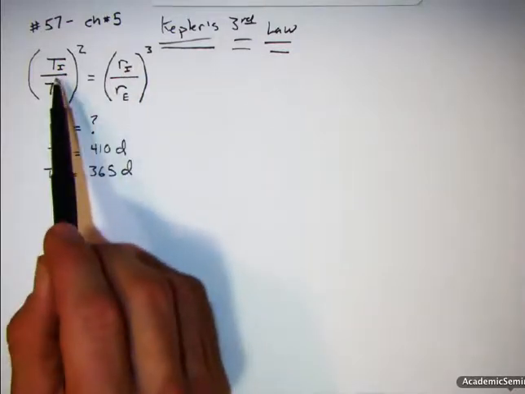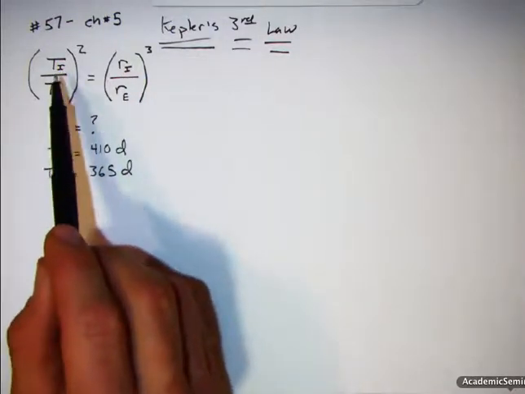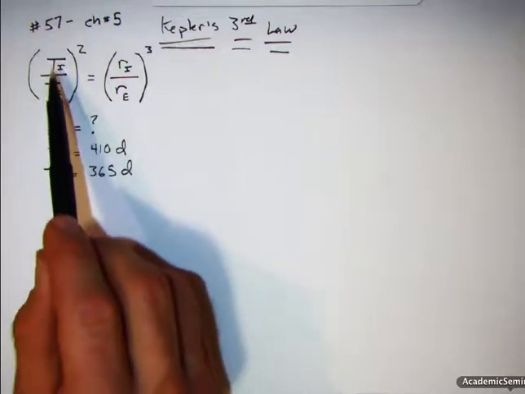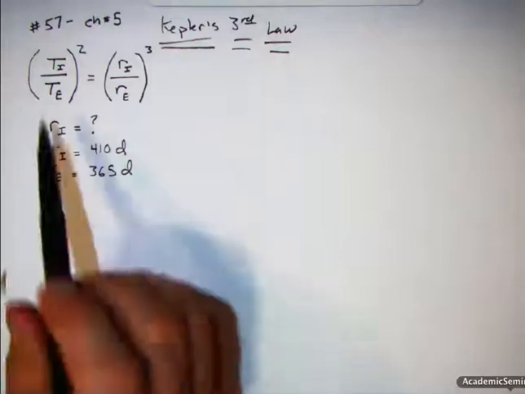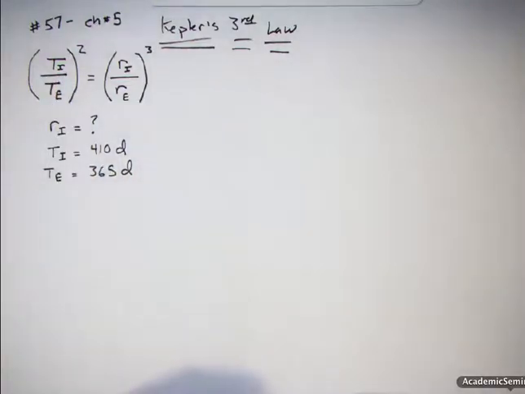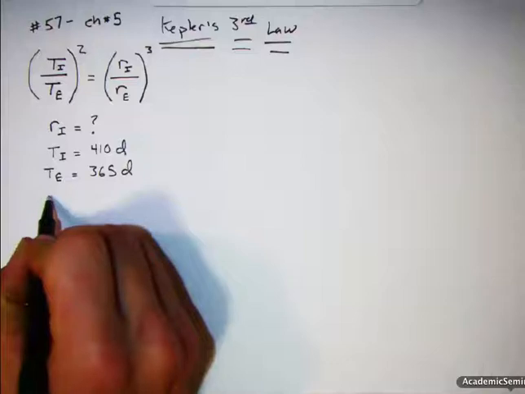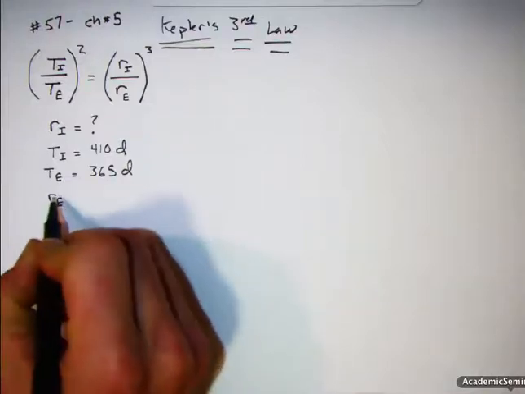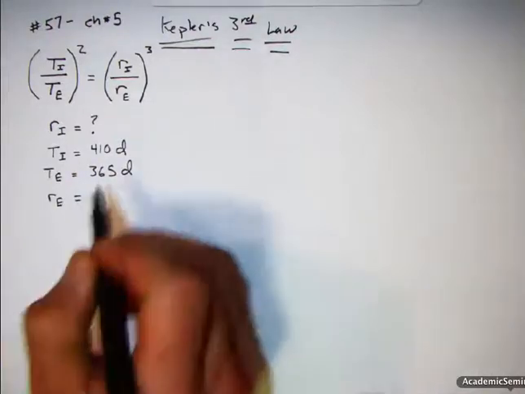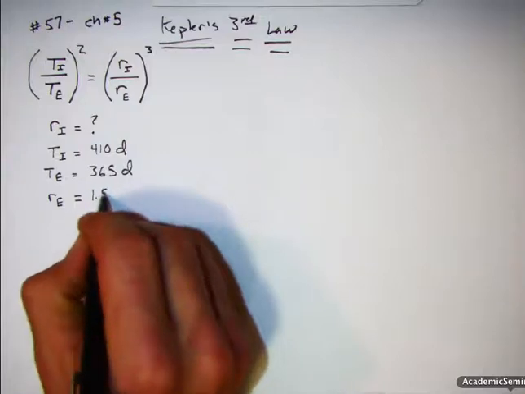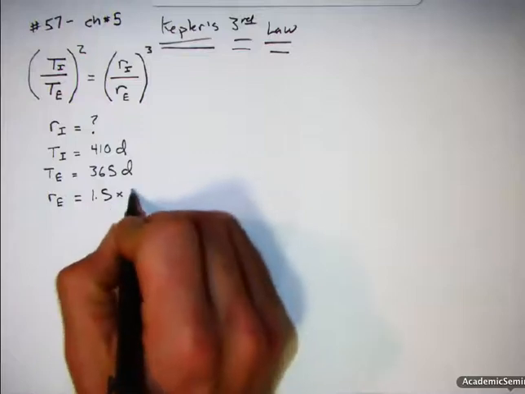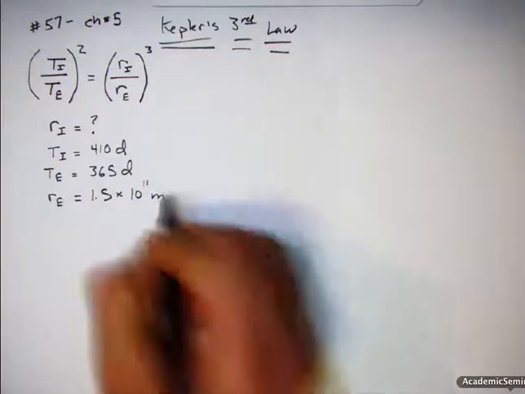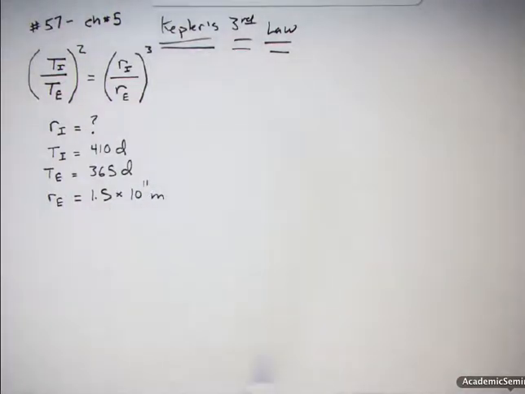Since these are essentially ratios, whether these are years or seconds or millennia, the units cancel out. And we will need to look up the mean distance from the Earth to the Sun. One astronomical unit, as it's sometimes called, is 1.5 times 10 to the 11th meters, or about 150 million kilometers, 93 million miles.